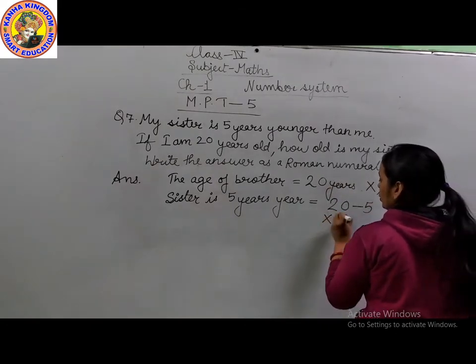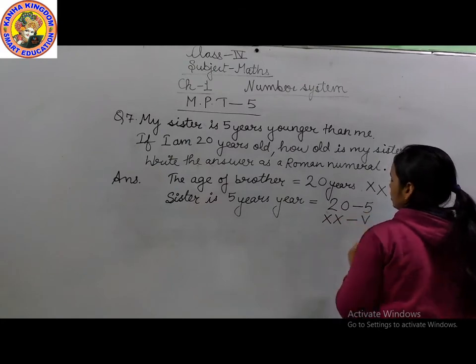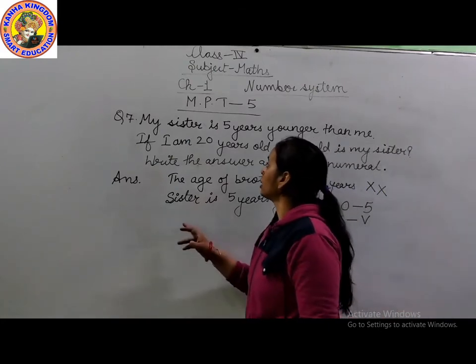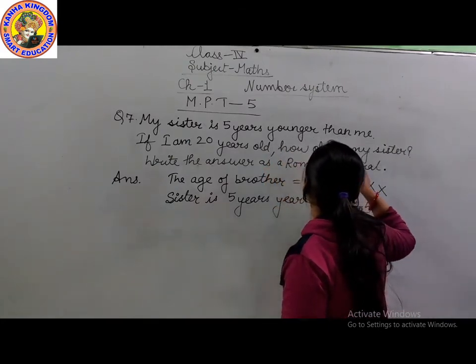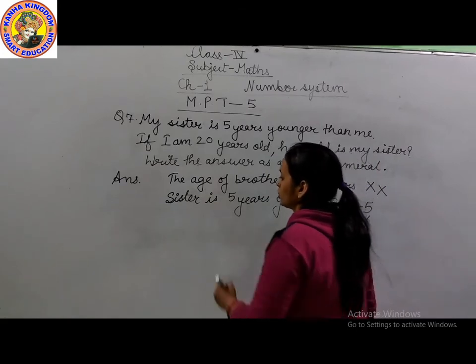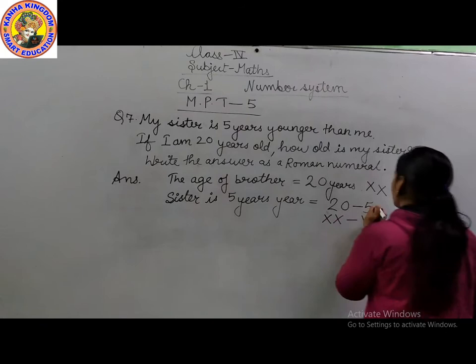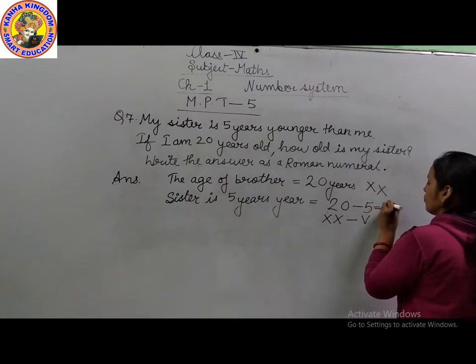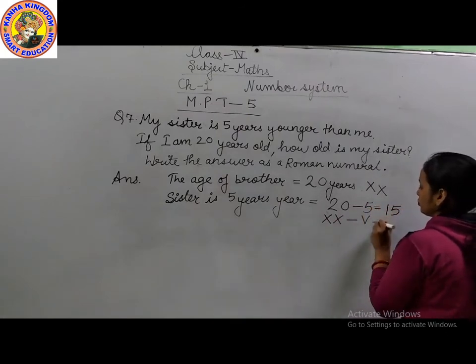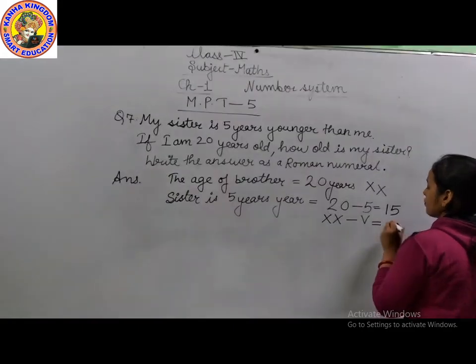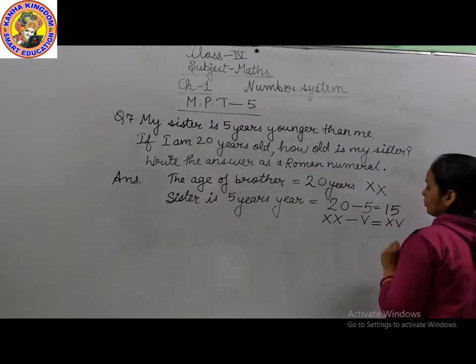Now last line is, how old is my sister? So 20 minus 5 equals to 15.